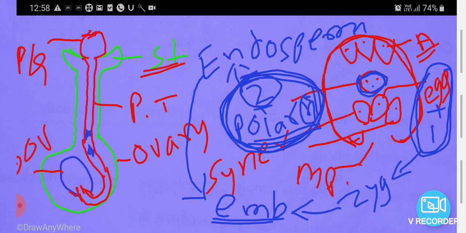In all animals and other plants, if there is sexual reproduction, only one male gamete is involved in the process of fertilization. But here two male gametes are involved. So that's why it is a unique feature of angiosperms, meaning double fertilization occurs only in angiospermic plants, meaning all the flowering plants.